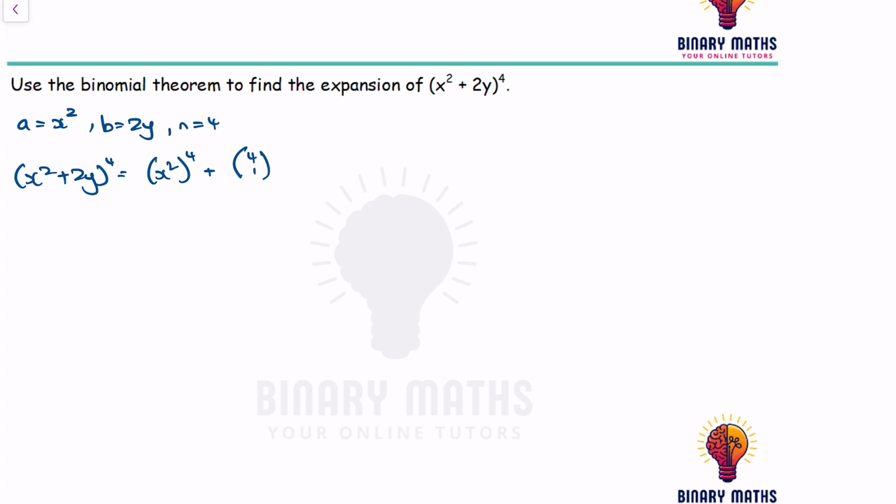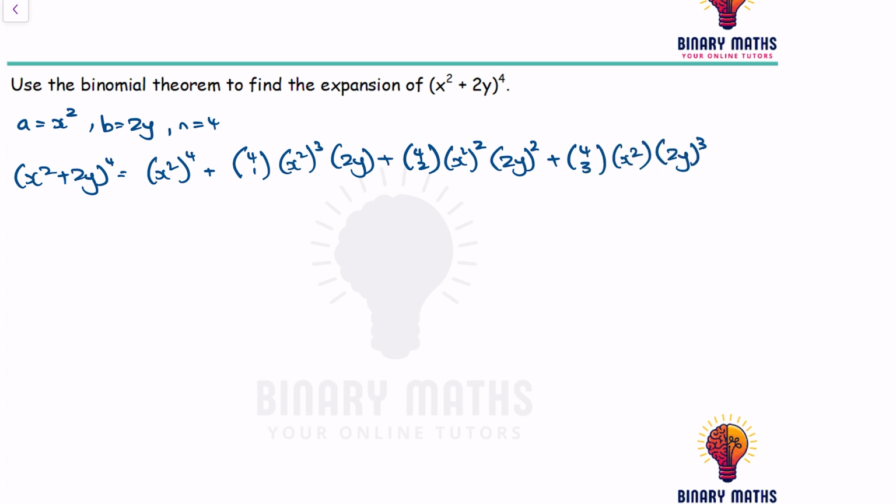Then 4 choose 1, x squared decreases by power 1, the power of 1, and 2y appears. Next one is 4 choose 2, x squared decreases by a power, and 2y raises by an extra power. 4 choose 3, x squared decreases, 2y increases, and the last one is 2y raised to the highest power.